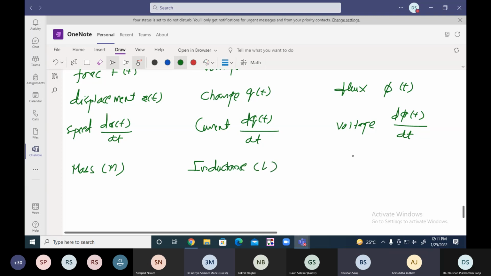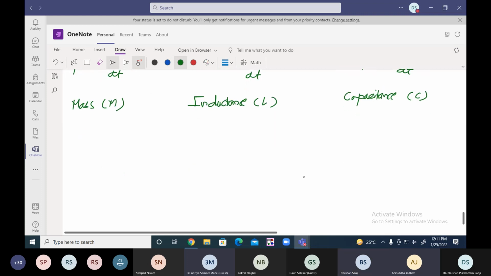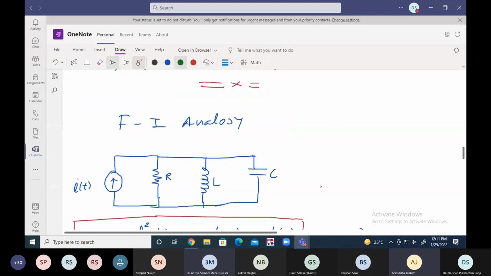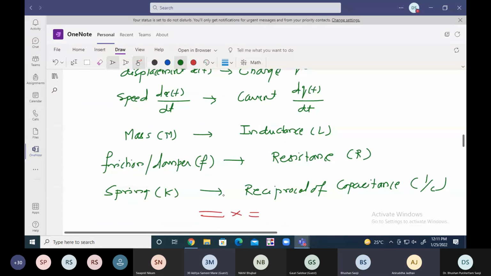Inductance L, capacitance C. Then the friction or damper, that is F. Here, what is the friction damper?